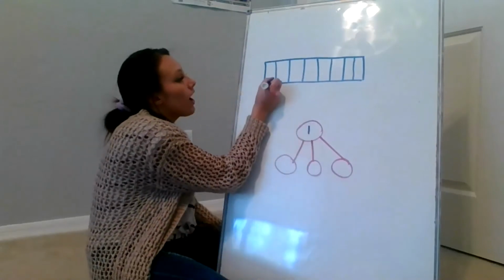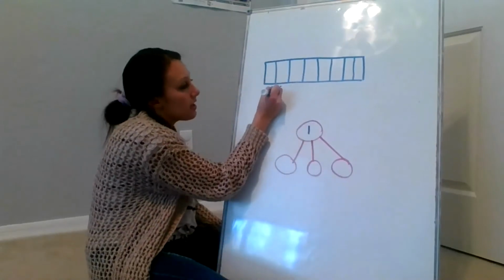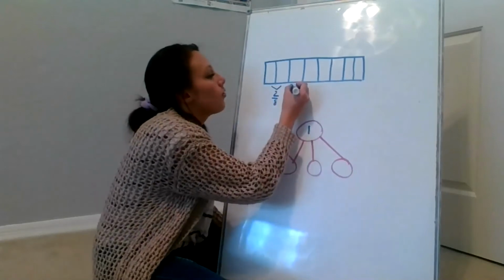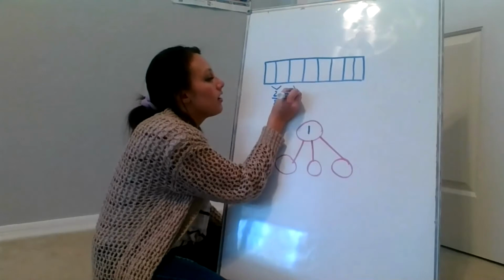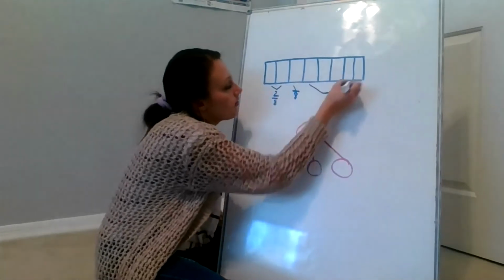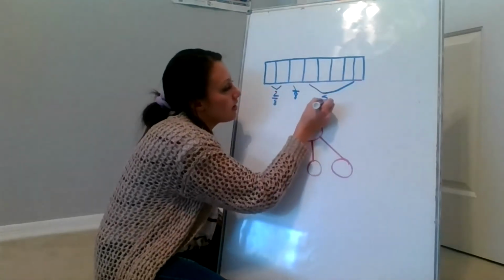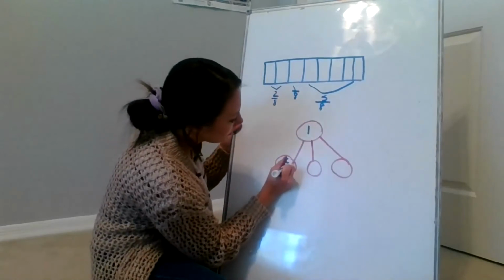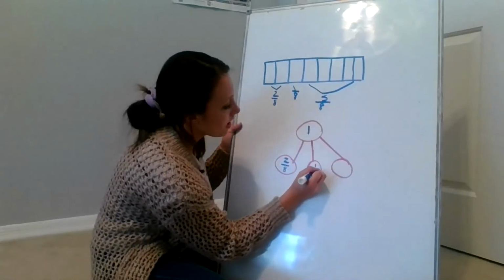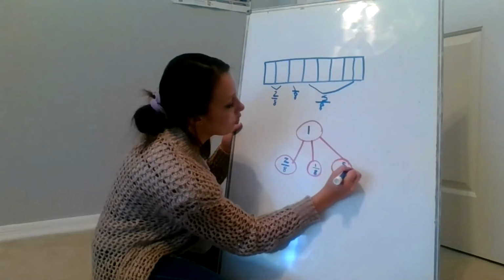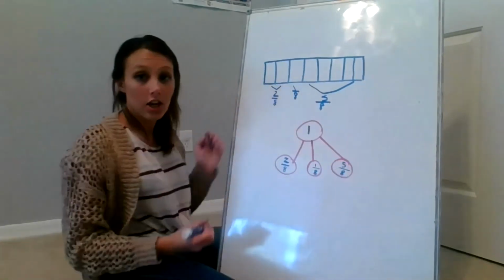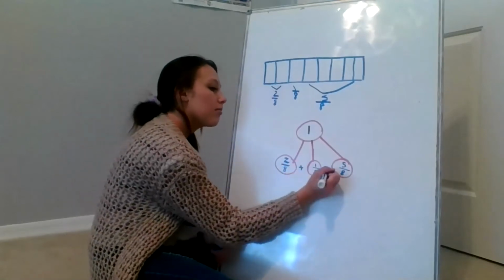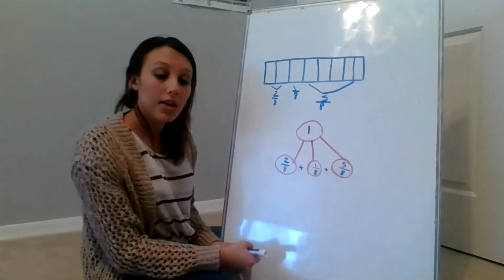Well, for example, I can add 2 8ths plus 1 8th plus 5 8ths, just like that. And I would put 2 over 8, 1 over 8, and 5 over 8. Just like that. Because when you add 2 8ths plus an 8th plus 5 over 8, you get 8 over 8.